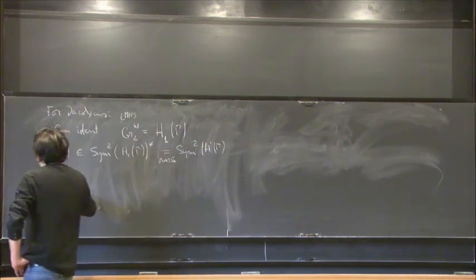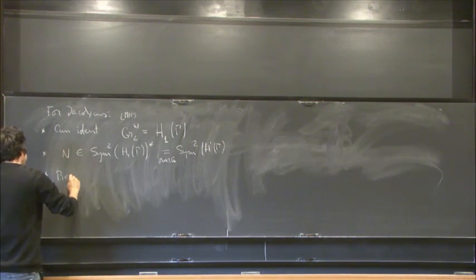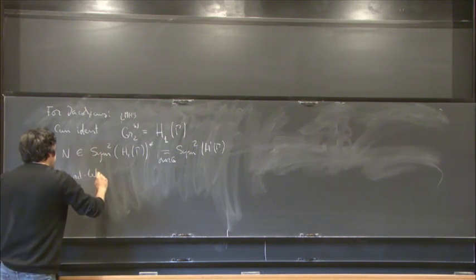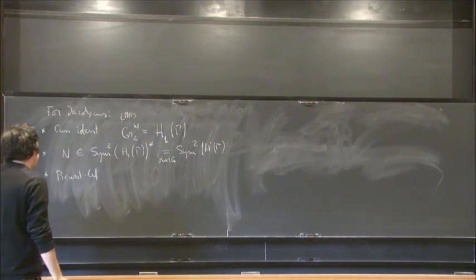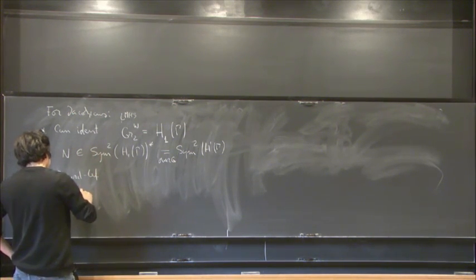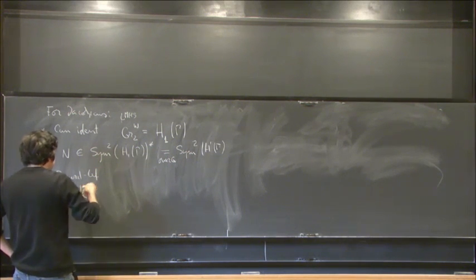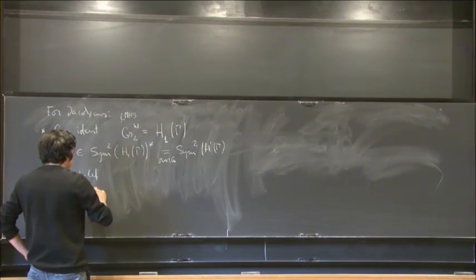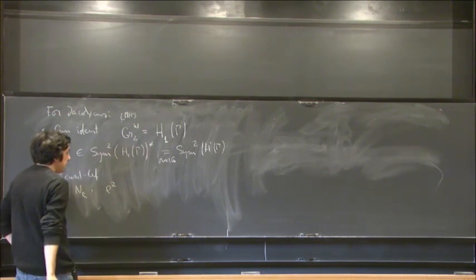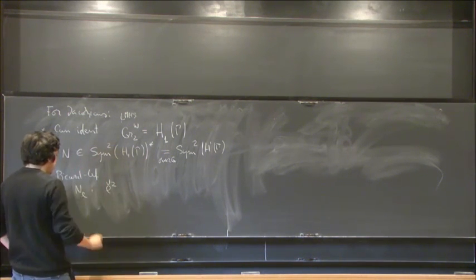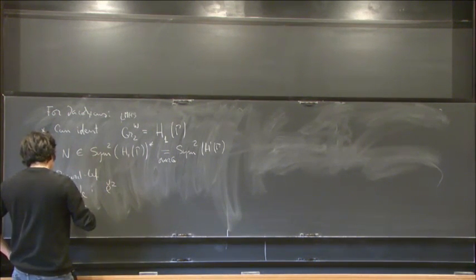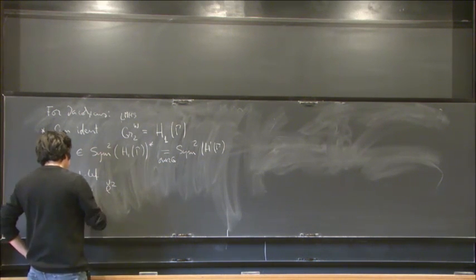Then Picard-Lefschetz in this situation tells us that the monodromy corresponding to going around the edge is simply E dual squared. E is an edge, so you can see it as an element of C1.